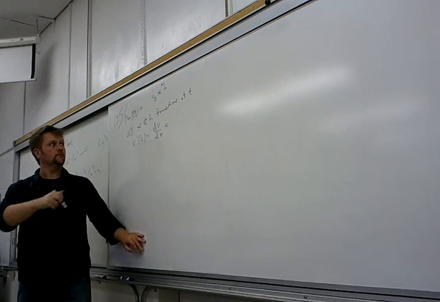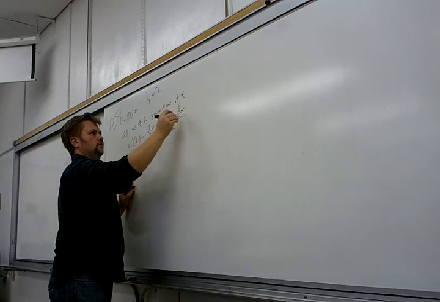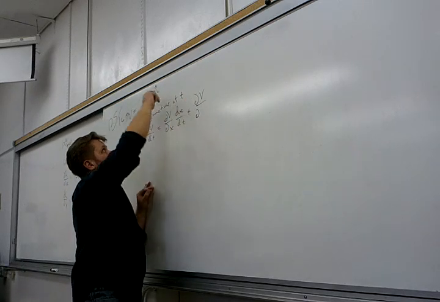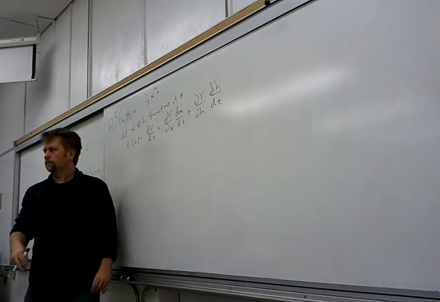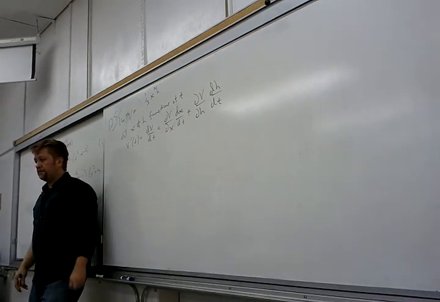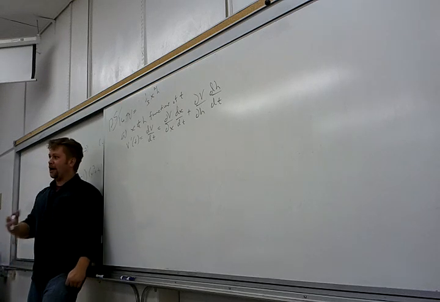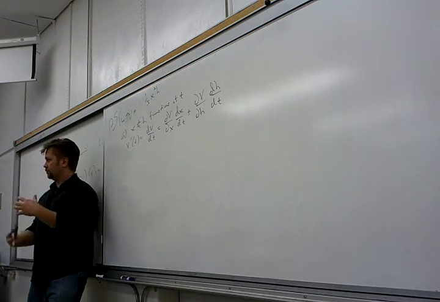Partial V, partial X, dx dt. Good. Plus partial V, partial H, dH dt. I love it, right? Now if you come out of this with anything, what I desperately hope is that you learn how to write what they're asking for in symbols related to partials.